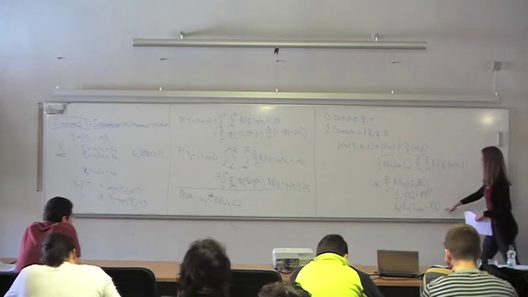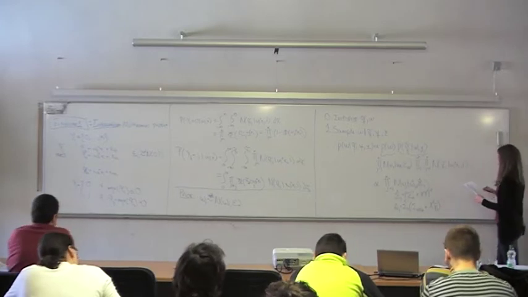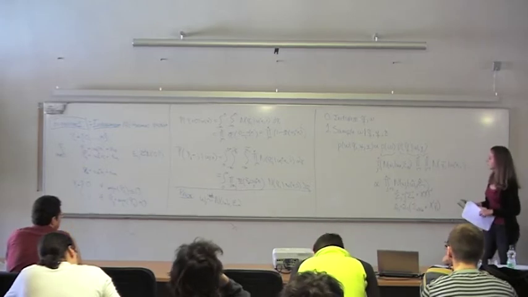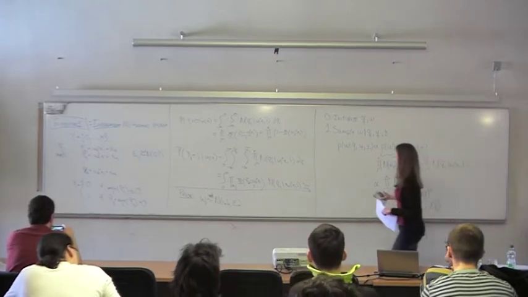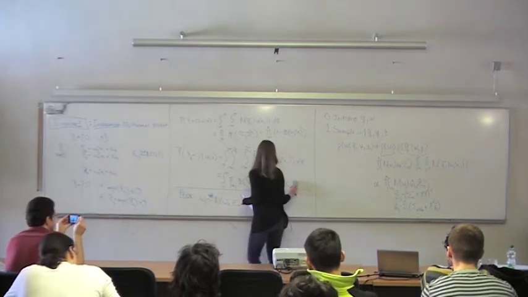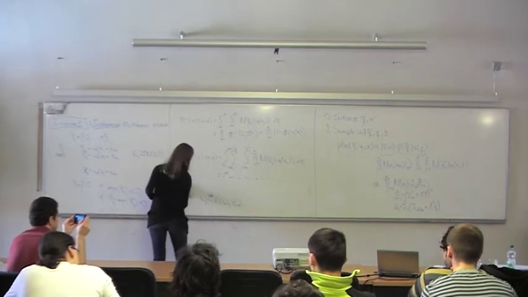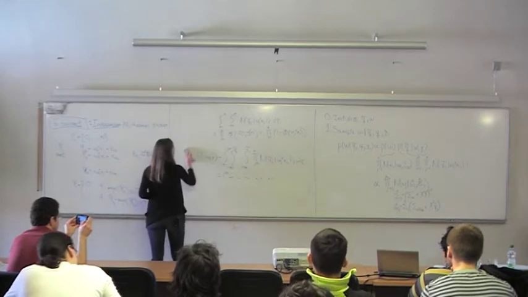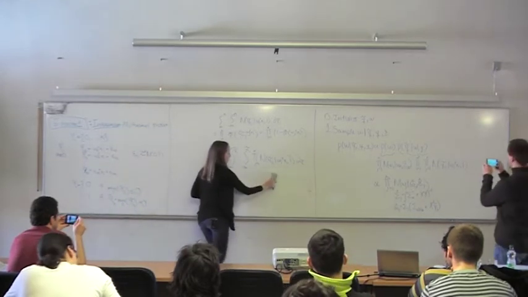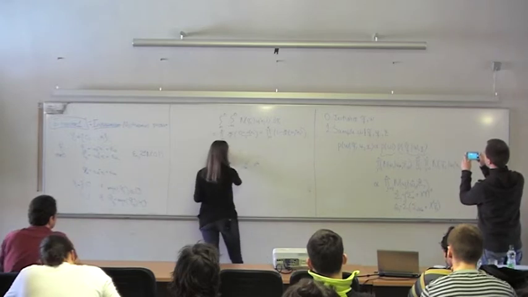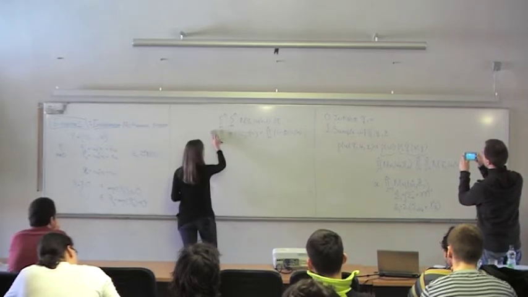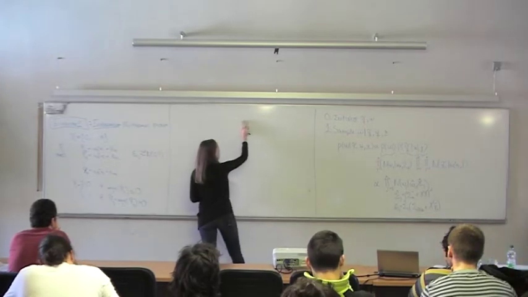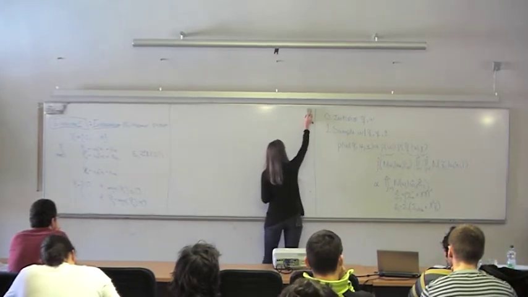So this is an n-dimensional vector. Okay. Let's see, I'll erase this.